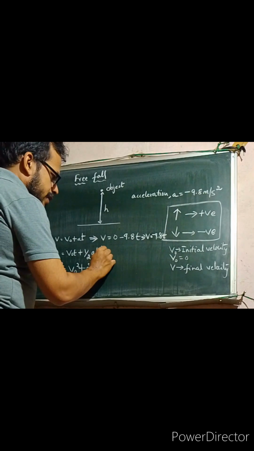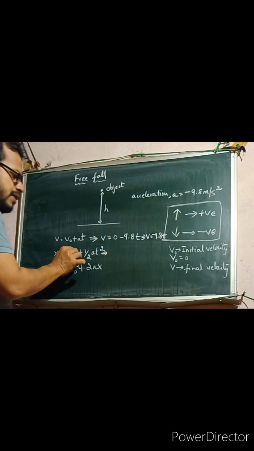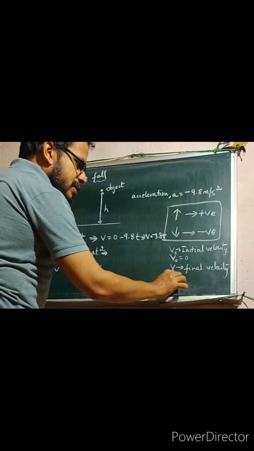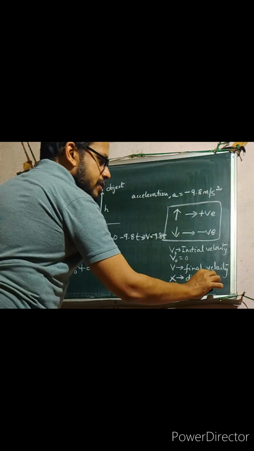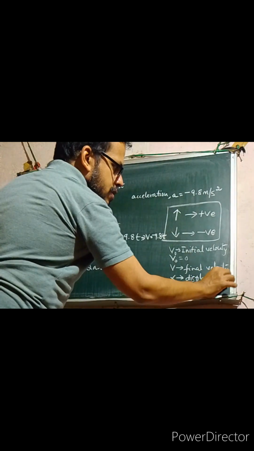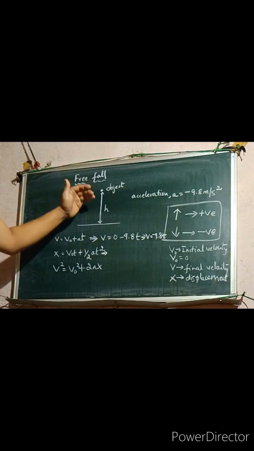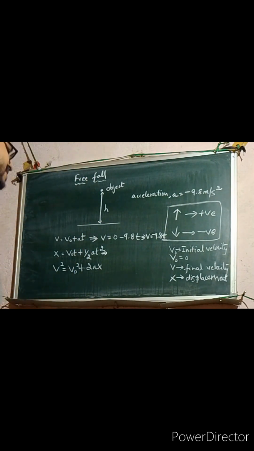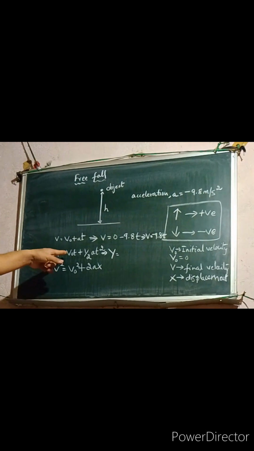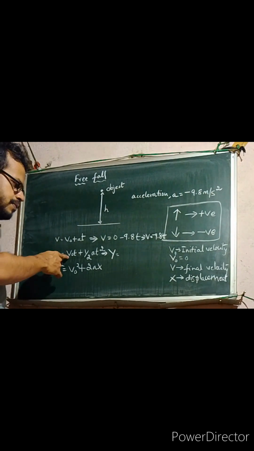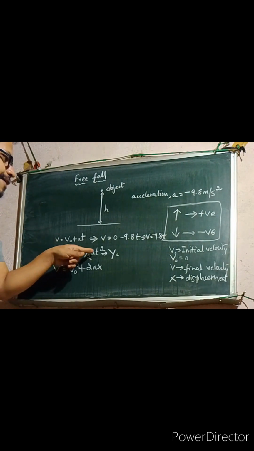Okay. So the second one, x equal to v naught t plus half at square, where x is the displacement. As the object is falling down along the y-axis, we will consider x as y, that is in the y direction, and v naught is equal to 0, so v naught t is equal to 0. What is remaining is half at square.